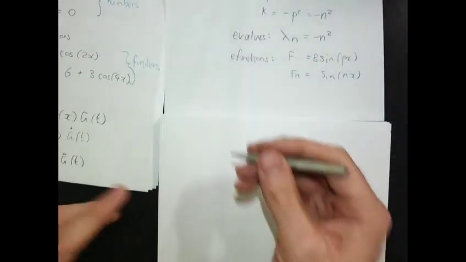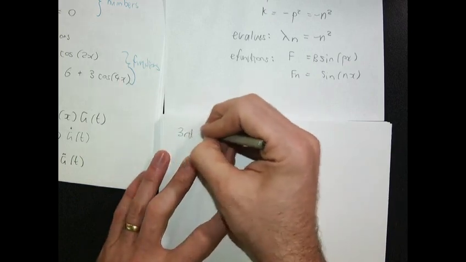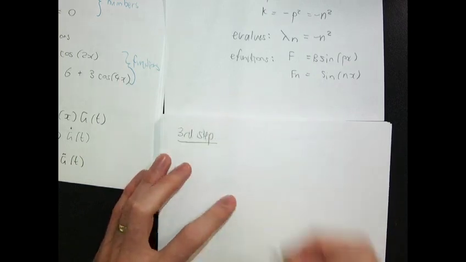Okay, so my third step is to figure out what's going on with the other function. We've dealt with the f. We're going to go back and deal with the g. Sharpen my pencil.